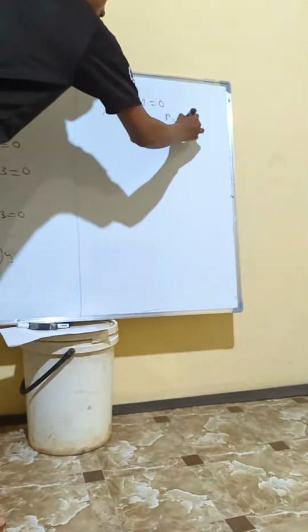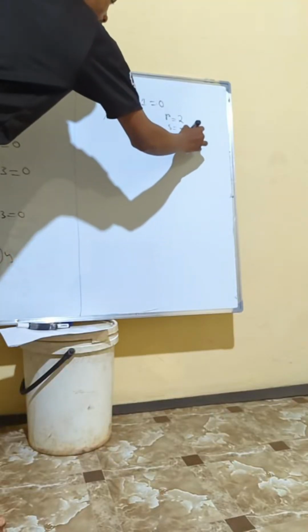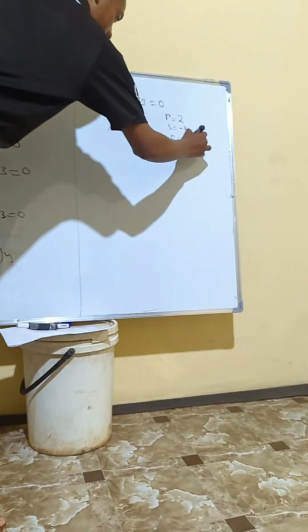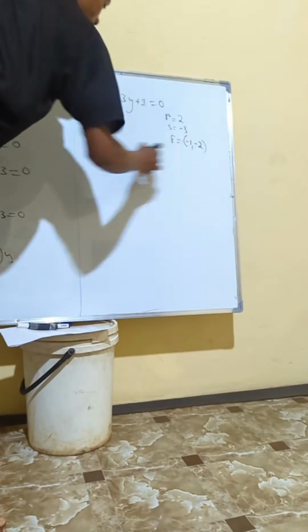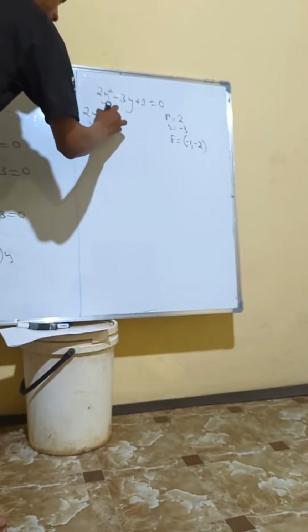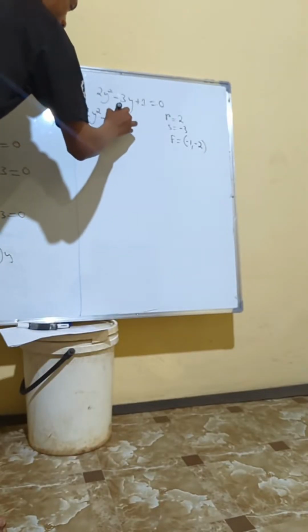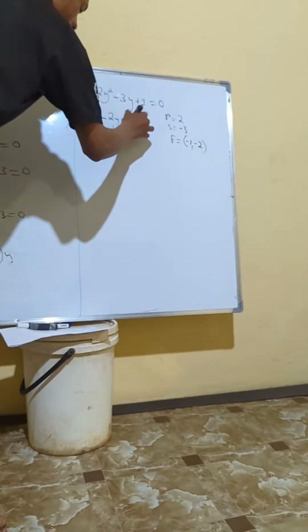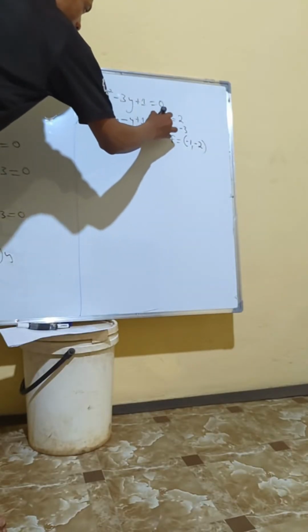Our sum is negative 3. The factors are negative 1 and negative 2. And it will be 2y squared minus 2y minus y plus 1 is equals to 0.